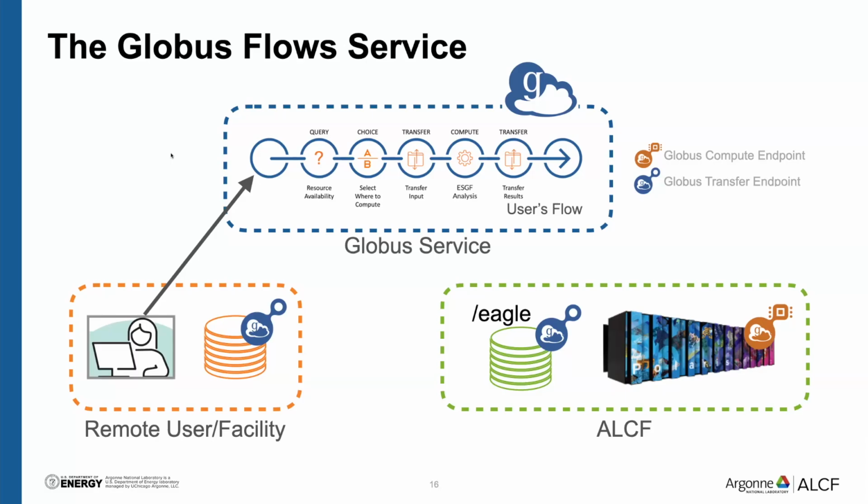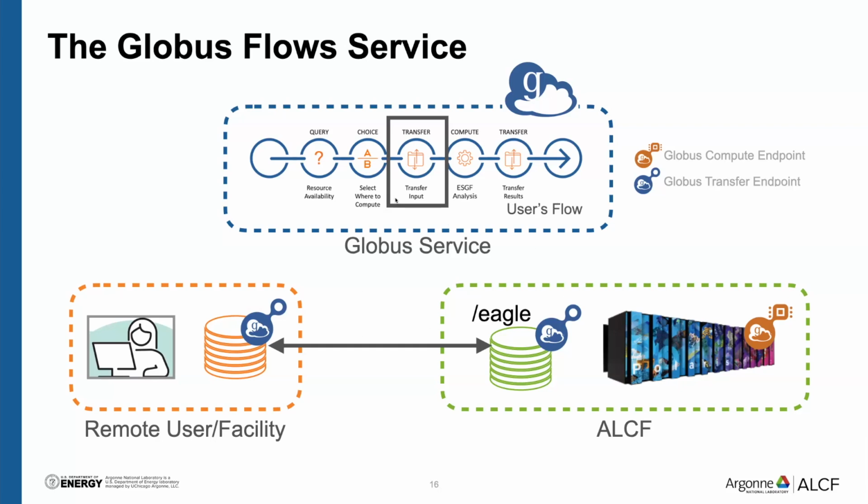So in this case, this is a sample flow from one of our users with the Earth System Grid Federation. There's different kinds of actions here. So you might see in the middle here, transfer. So when the Globus service has a transfer action to execute, it can look out in its landscape of the different endpoints and processes that are communicating with its service, and it can say, okay, endpoint A, endpoint B, you need to execute this transfer, and it will just do that automatically.